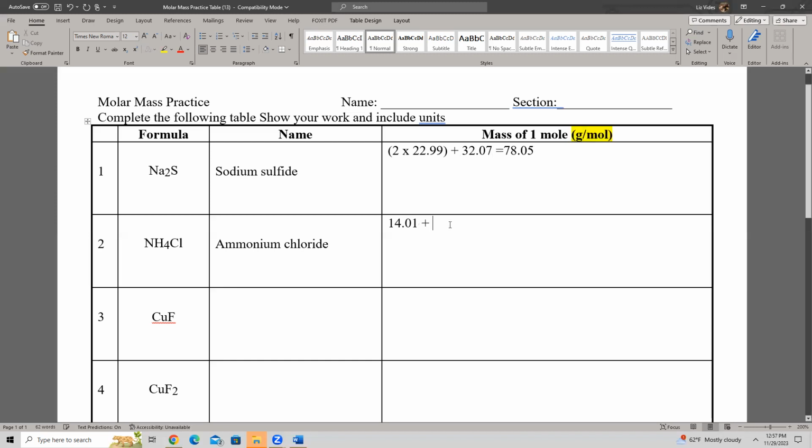And here we do need parentheses because we have 4 times 1.01, that is hydrogen. And then we still have one more thing to add, which is the chlorine, which is 35.45. And if you do all the math, your answer is 53.50.